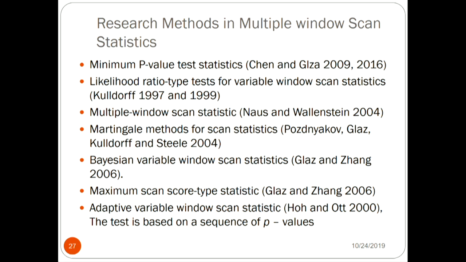So I'm going to go over in quite some detail how to conduct the spatial scan statistic using the maximum likelihood ratio test with the cutoff approach. I will also compare the results with the minimum p-value test statistic, which is a comparison for the power.